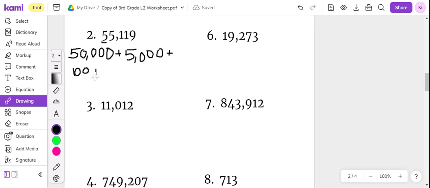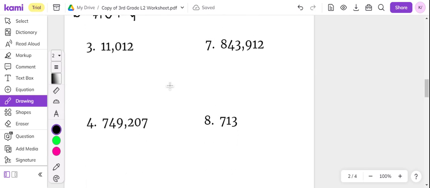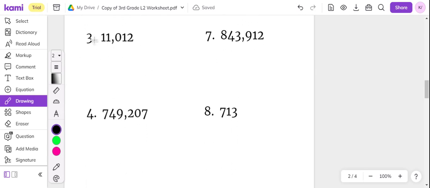Plus 10, because there's a 1 right there in the tens place. And then plus 9, because the 9 is in the ones place. So this should add up to 55,119.